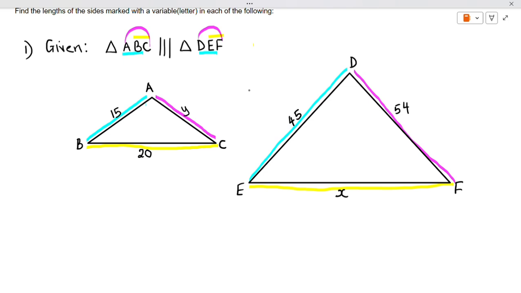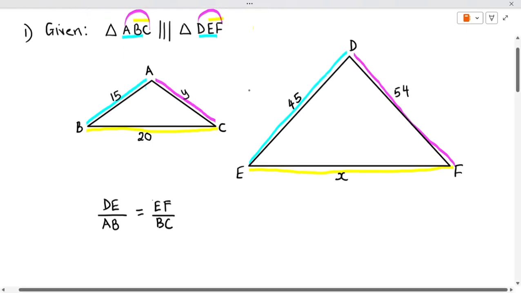So if, for example, I took the big triangle and I said DE, follow the color coding, over AB is equal to, and I wanted to find X, I would go big triangle, because I started with the big triangle, I would say EF, so I'm looking at the yellow, over BC.